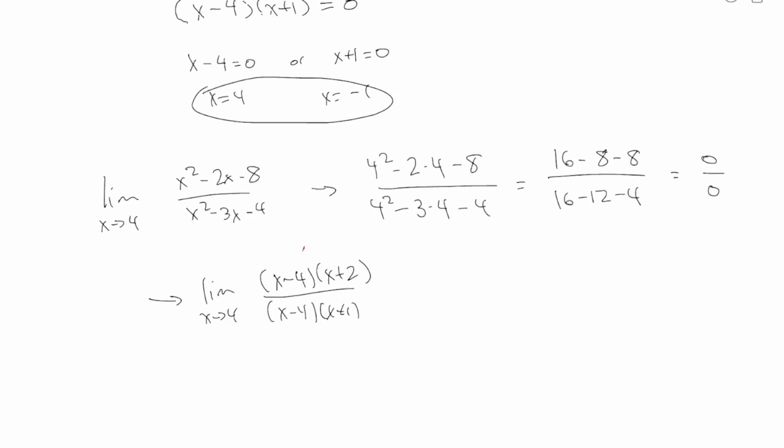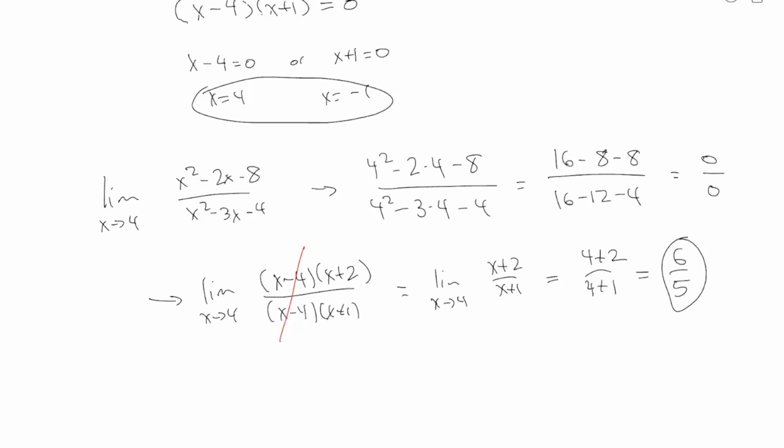Now I can cancel the x minus 4s, and I end up with x plus 2 over x plus 1. So this is 4 plus 2 over 4 plus 1, which is 6/5, and that's the answer for this limit. I hope you got 6 over 5. Any thoughts about that one?